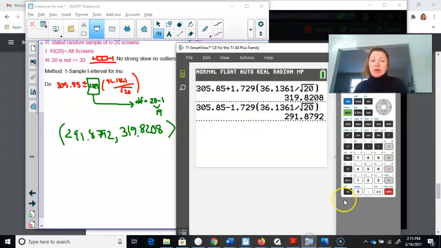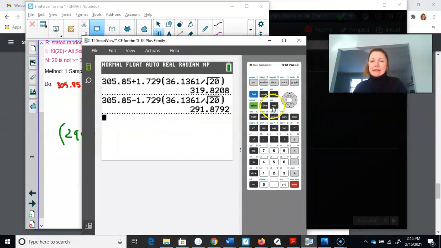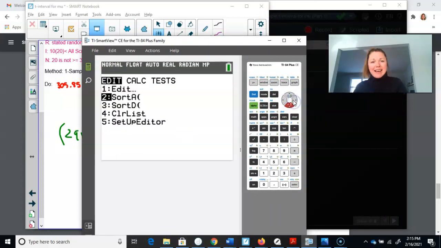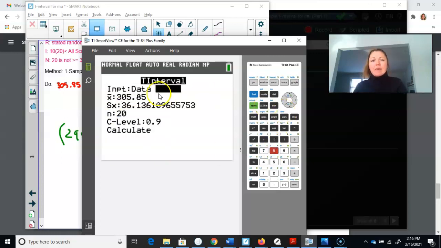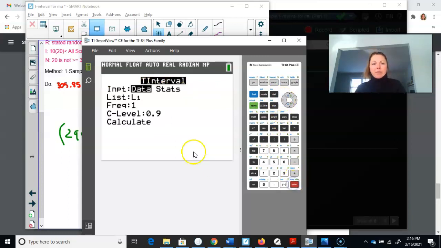Now I do want to show you in your calculator, if we hit stat, arrow over to tests, and get the t interval right here, number 8. Do we have data or statistics? We have data in our calculator, in L1.